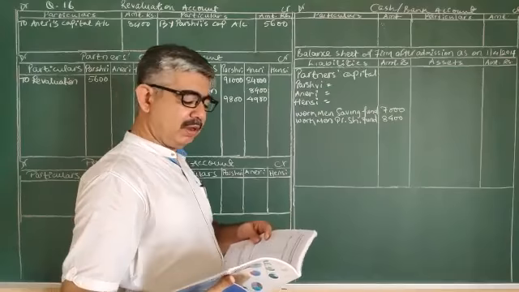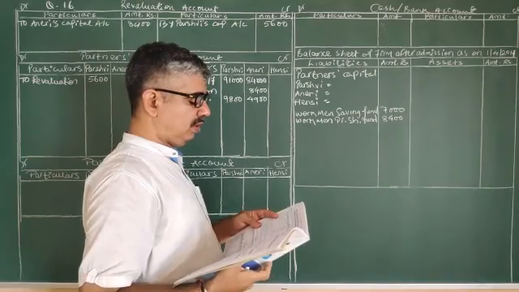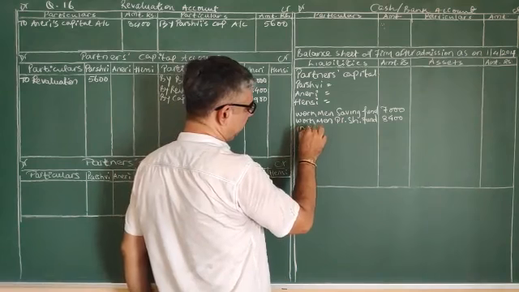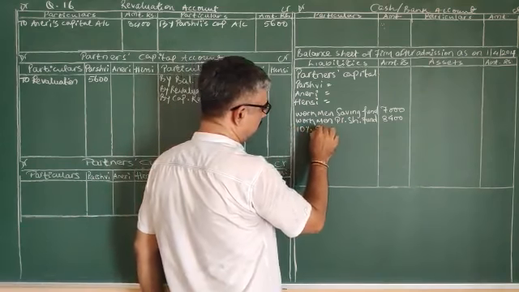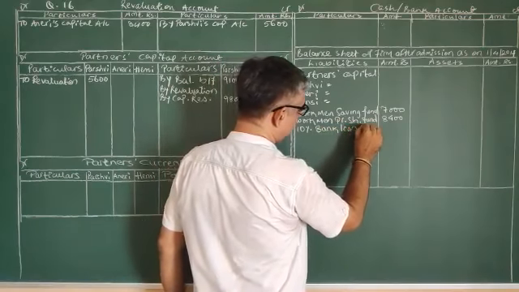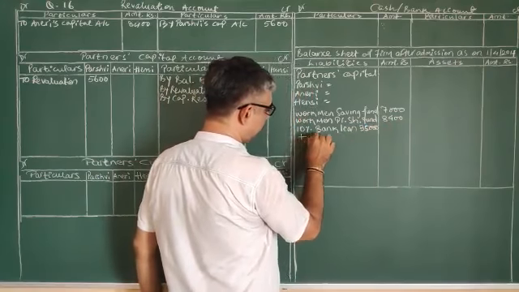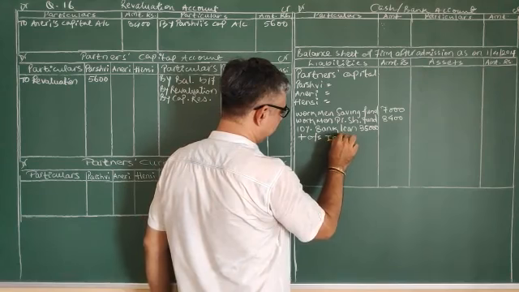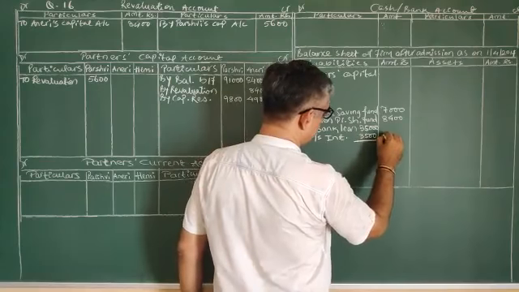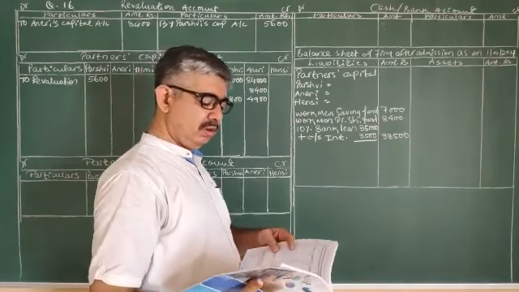Then 10% bank loan. Here an adjustment is there for 1 year outstanding interest. So 10% bank loan, 35,000, plus outstanding interest 3,500, total 38,500.